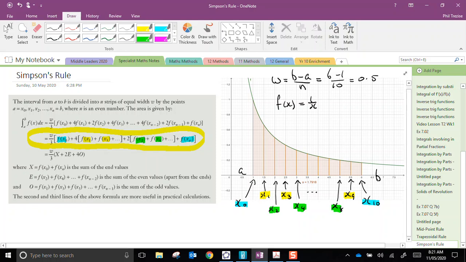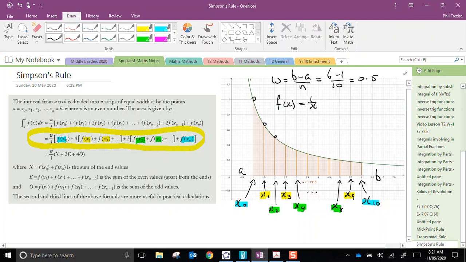As I said, Simpson's rule is more complicated, but the price of that extra complexity is we get a much more accurate estimate. Because, for those who've watched the previous video, we're no longer using straight lines. We're using a parabola to emulate our function from here to here to here.